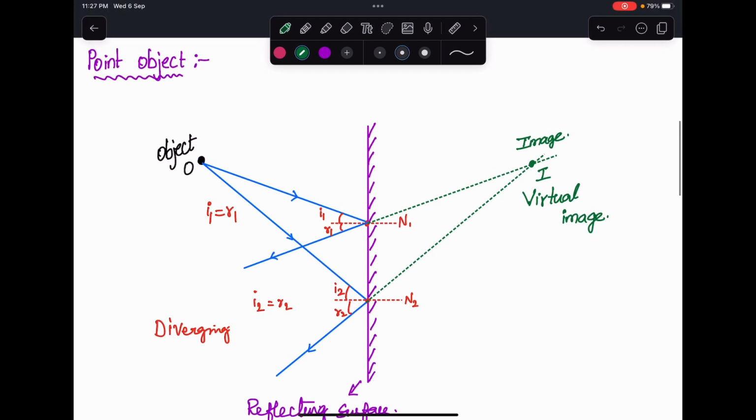And one of the main characteristics of the image formed by a plane mirror is observed here.